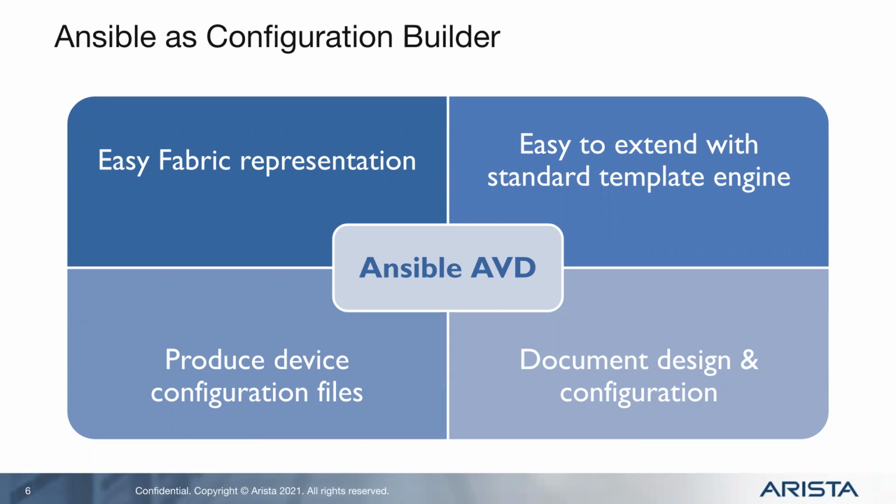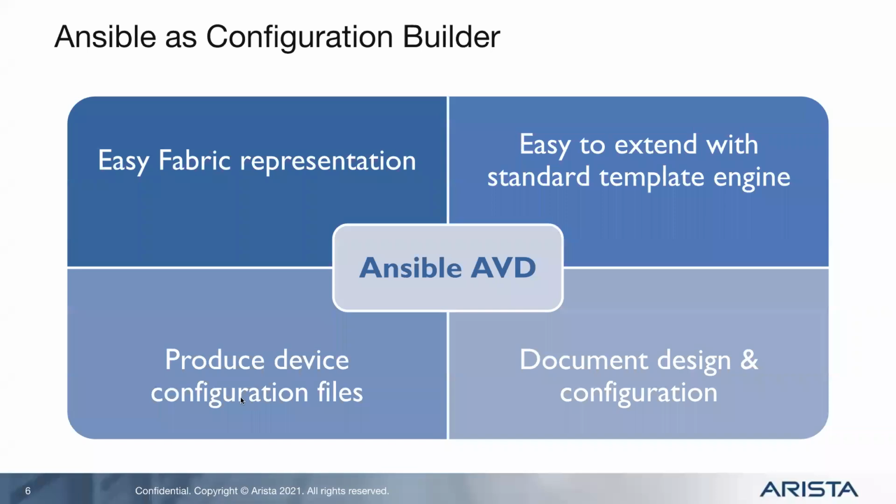So there's a data model we have, which when you use it, is going to give you a very holistic and easy way to think about the fabric in terms of tenants, services, IP addressing, all of that. It's easy to extend because of how we actually do our Jinja template construction. We'll dive into that more later, but just understand that pretty much every feature has its own template, and those templates get slammed into the overall EOS config template to make the actual outputs you'll see for your devices.